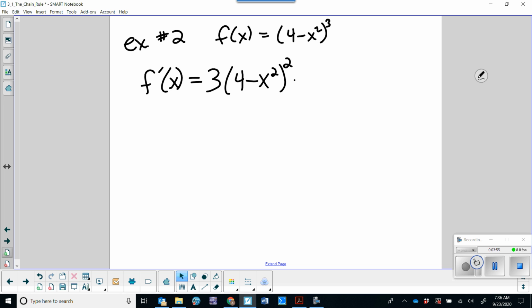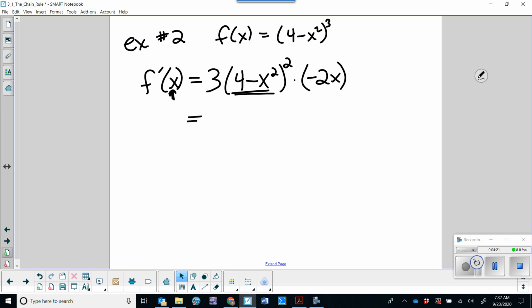Now, because it's the chain rule, I take it times the derivative of the inside, because the inside is not just plain x. Anytime the inside part of the function is not exactly the variable, then we have to multiply times its derivative. So the derivative of 4 minus x squared would be negative 2x.